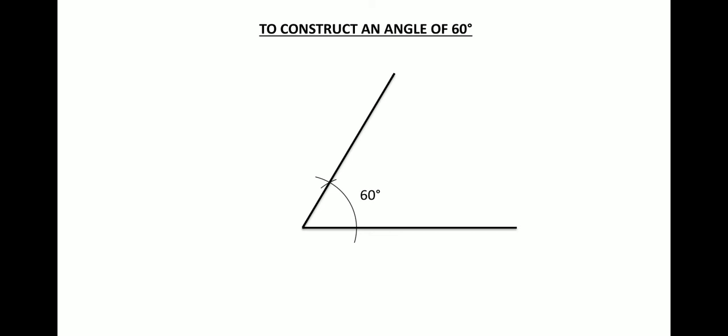Next, let's move on to construct the second angle, the construction of 30 degree. All right, so here we construct the line with the ruler in the similar way.